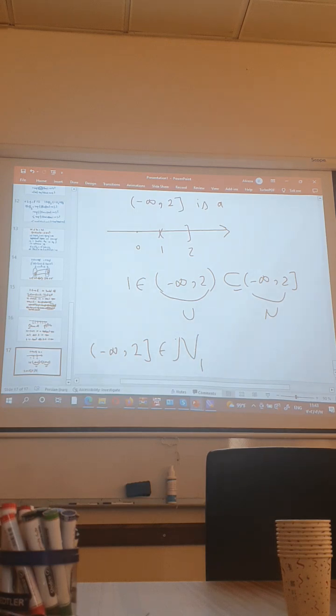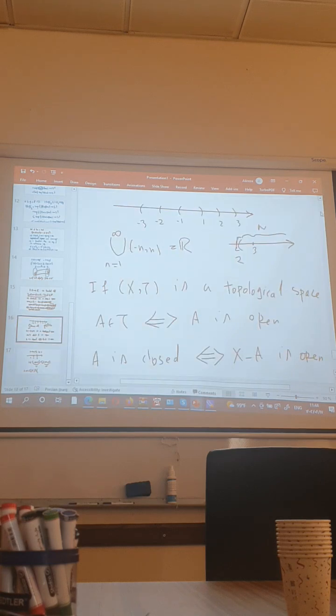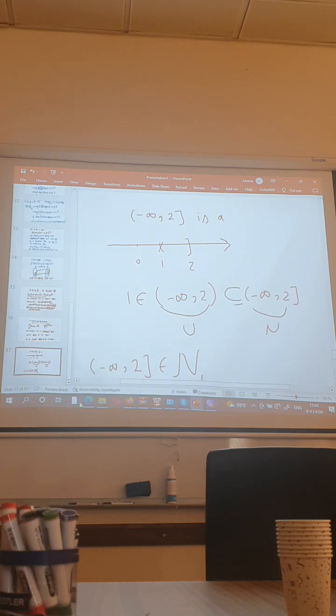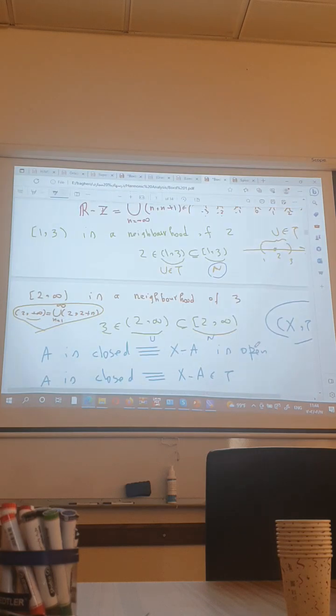Yes, a neighborhood of 1. Or in this example, we can write this interval 2 to infinity is a neighborhood of 3, okay?